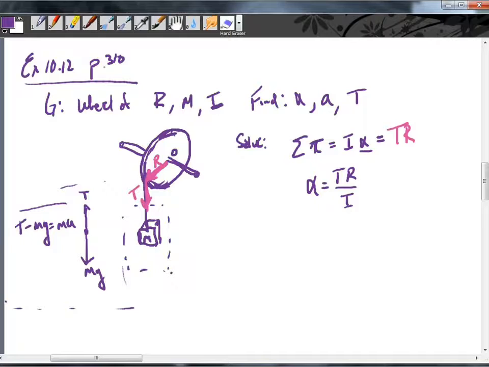Now this is where the earlier equation comes back to bite us. If we take this tension down to be positive, then this tension up here needs to be negative. So we can flip this around and do mg minus T equals ma. You guys with me on that? It doesn't really matter as long as one's opposite the other, but it needs to be consistent with the other part.